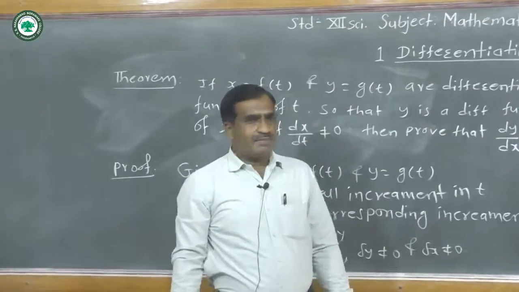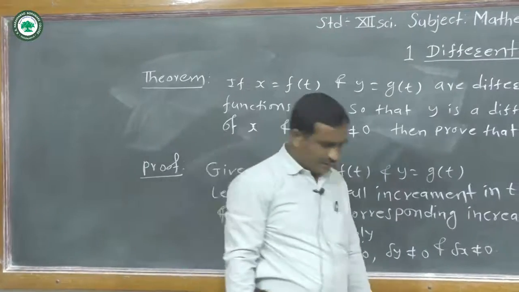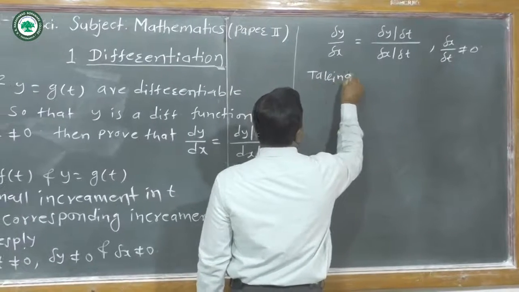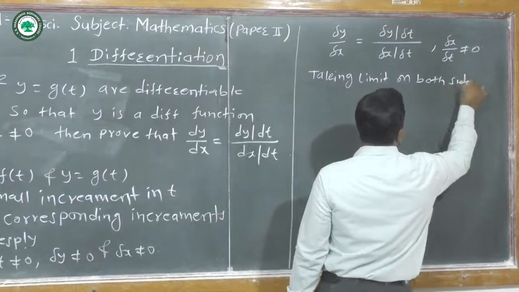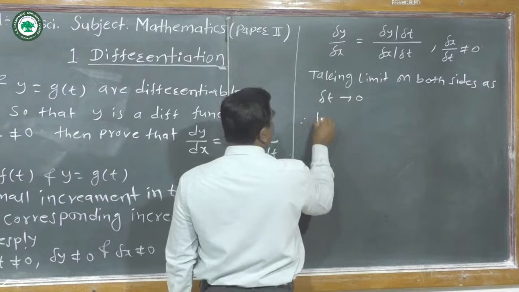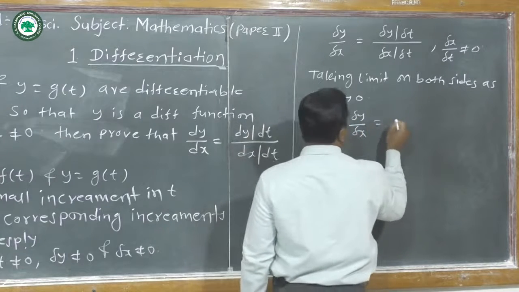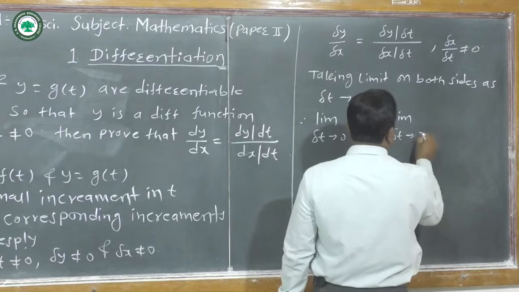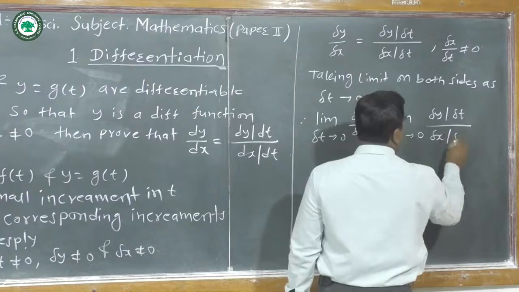Now taking limit on both sides as delta t tends to 0, we can write limit delta t tends to 0, delta y by delta x is equal to limit delta t tends to 0, delta y upon delta t upon delta x by delta t.